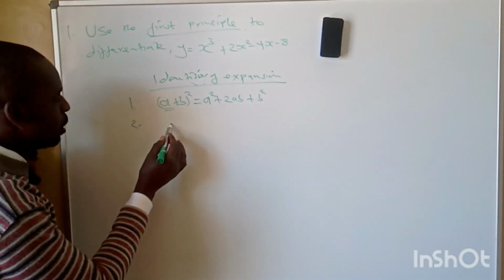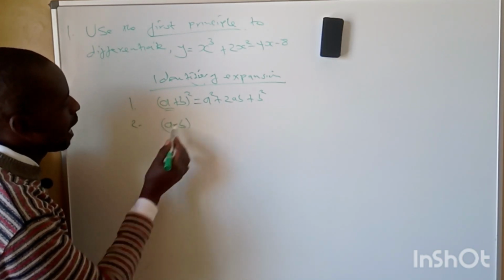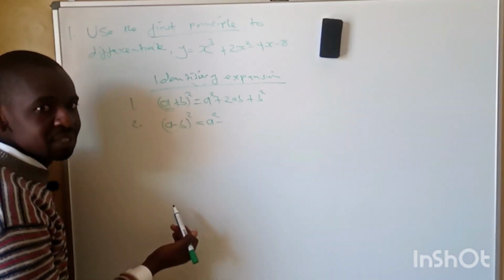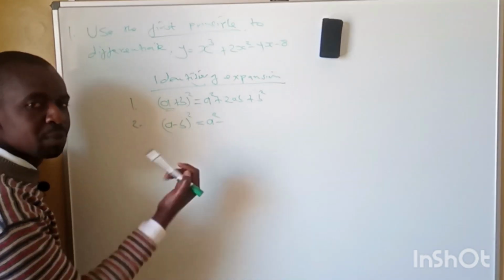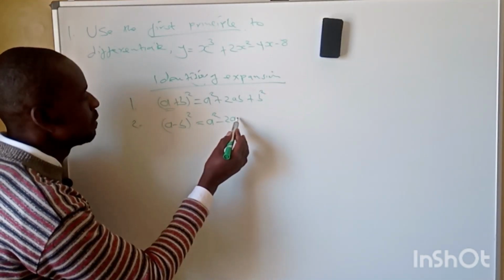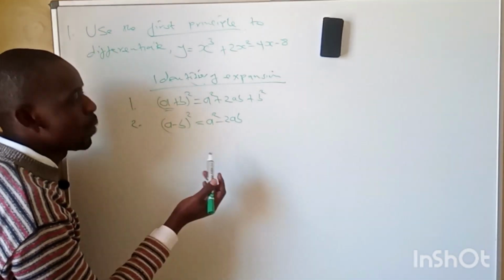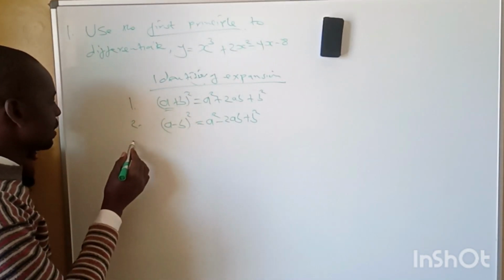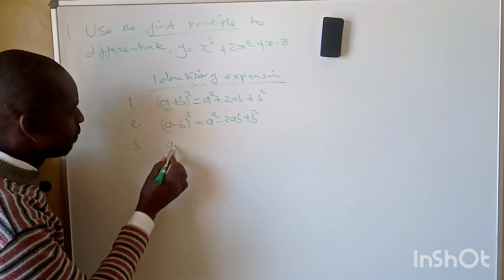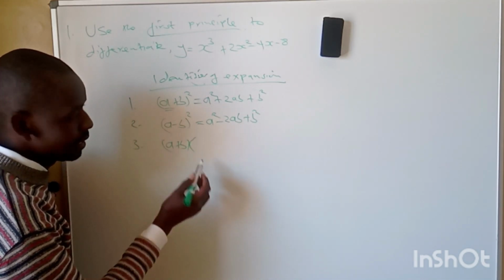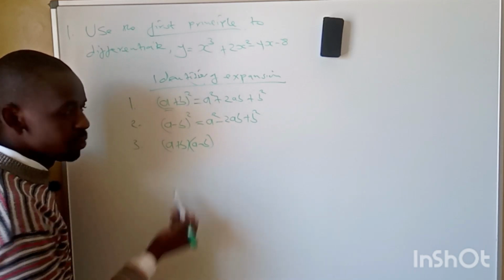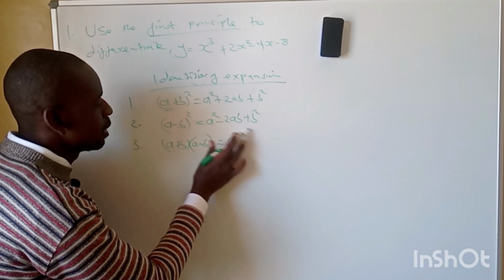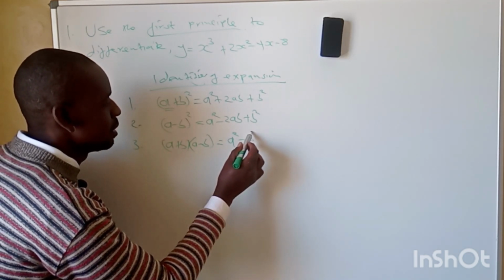The second one is when you have a negative: a minus b, squared. The same thing, but now the middle becomes negative, because a multiplied by negative b multiplied by 2 becomes negative 2ab, then negative b squared, which is the last part, gives us b squared. Then the last one is when you have a plus b multiplied by a minus b, and you have a squared minus b squared.